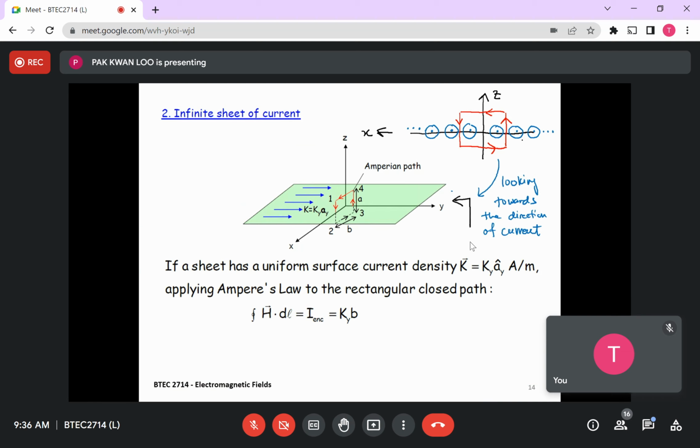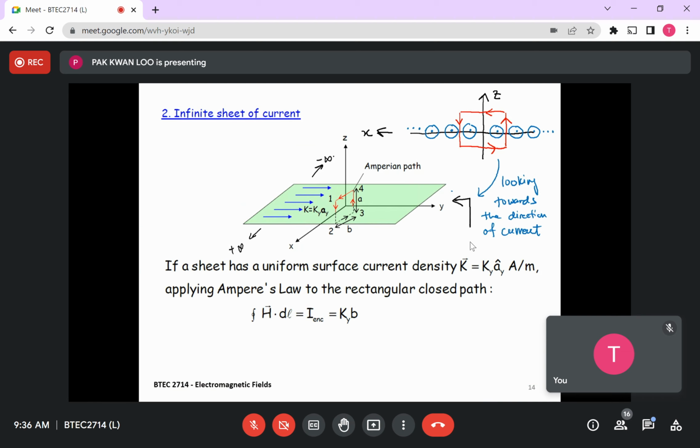Okay, so we have this surface current. Assume this is positive infinity, and this is negative infinity. Since we want to apply Ampere's law, that's the only way, right? We have to make a valid assumption.